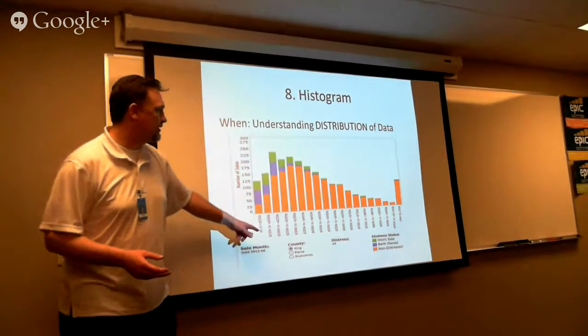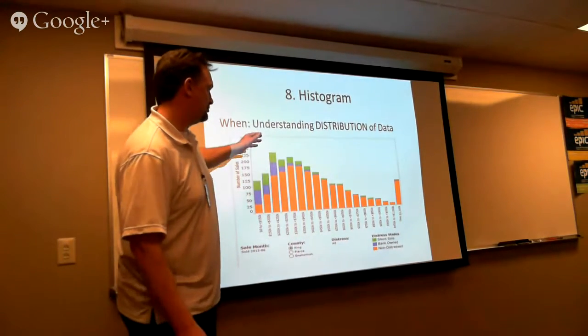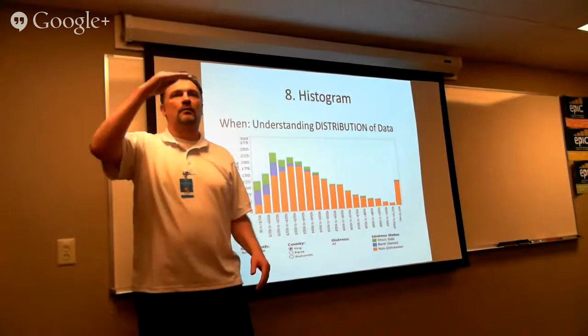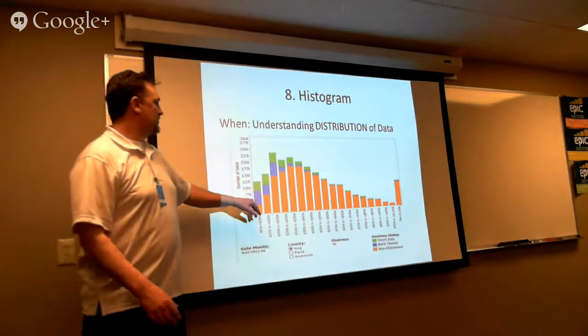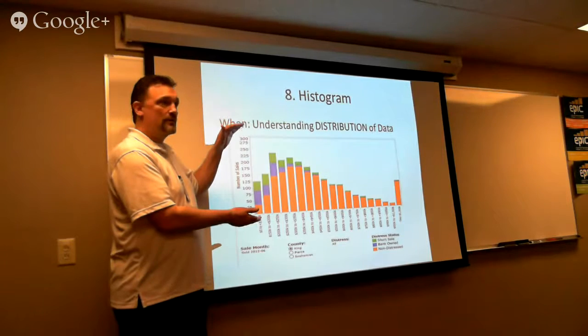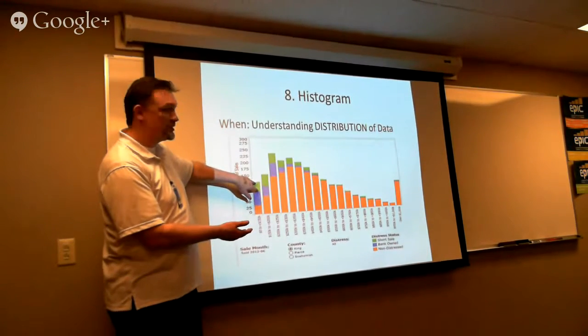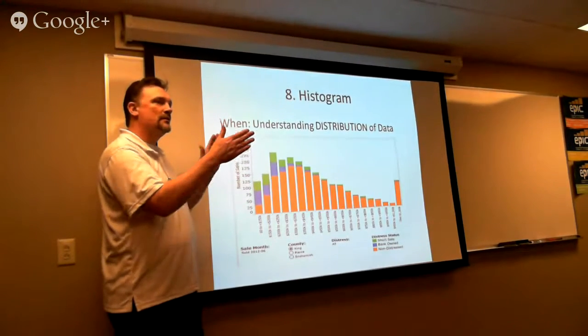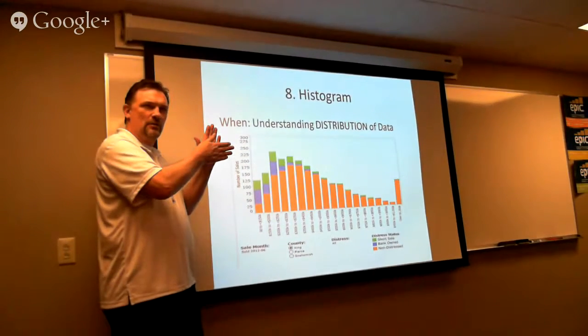And here what they've done is they've overlaid multiple counts, and these can be somewhat different. They can be stacked, so there's this one plus this one plus this one, or they can be overlaid, like three-dimensional.